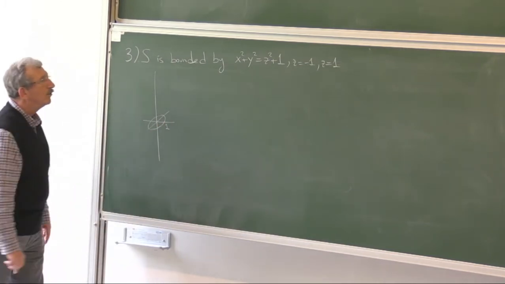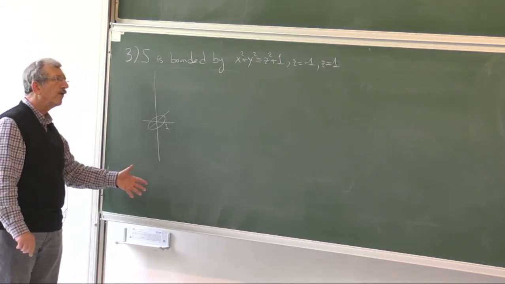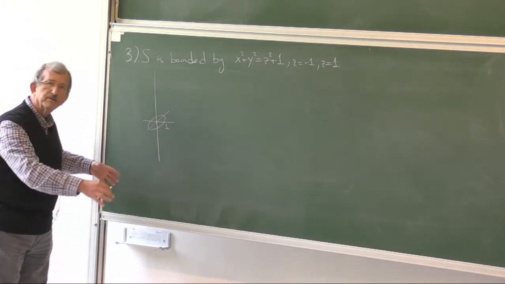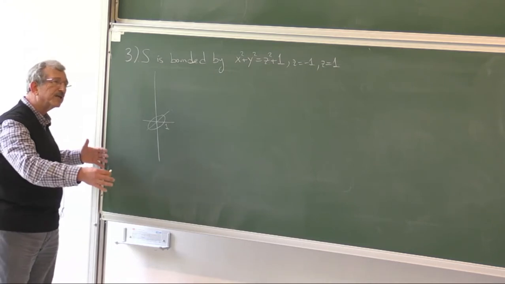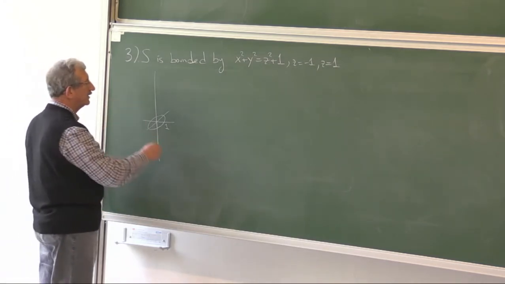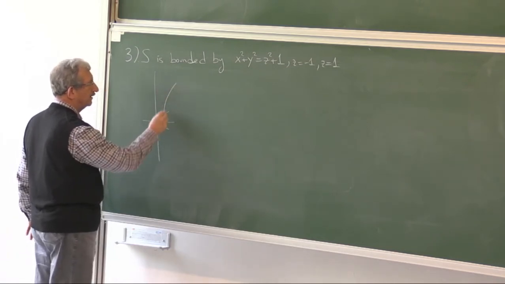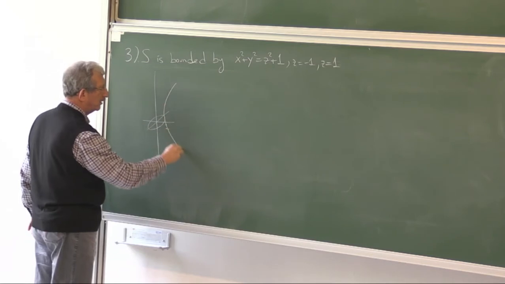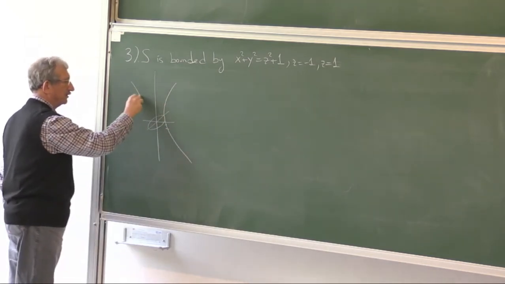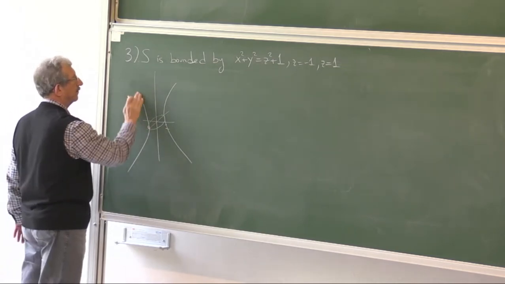When z is larger, negative or positive, you have symmetry in both. You have circles increasing in diameter, and these curves were hyperbolas.